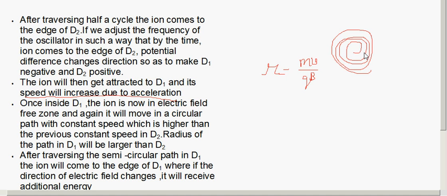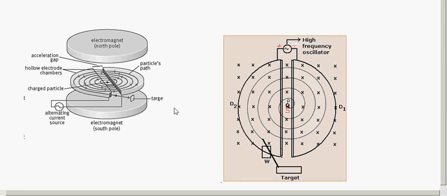No acceleration, no change in the speed inside the D. So again it will move in a circular path with constant speed, which is higher than the previous constant speed in D2. So the speed has now increased. The radius of the path in D1 will be larger than in D2. That's how it is shown here.